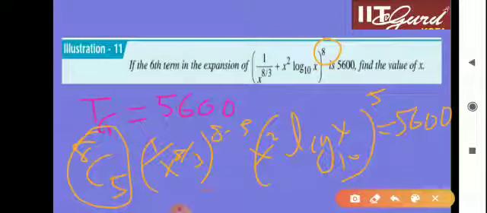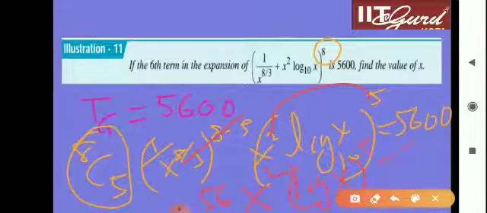And here x to the power 8 by 3, and 8 minus 5 is 3, so this 3 cancels, and only the term x to the power 8 stays, and x to the power 5 into 2 is 10, 10 minus 8 is 2, so the x square term will be retained, and log x to the whole power 5 is equal to 5600.